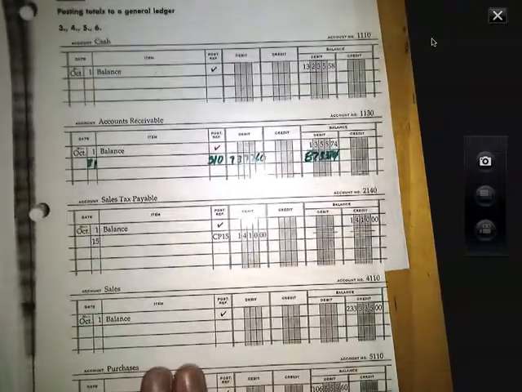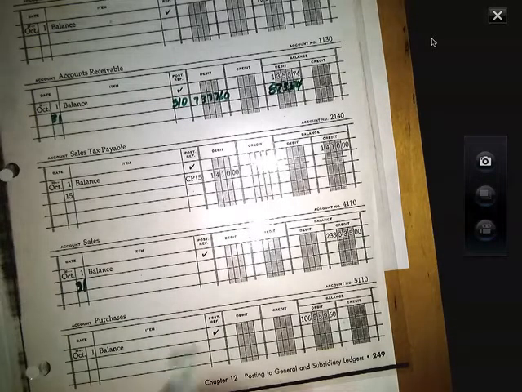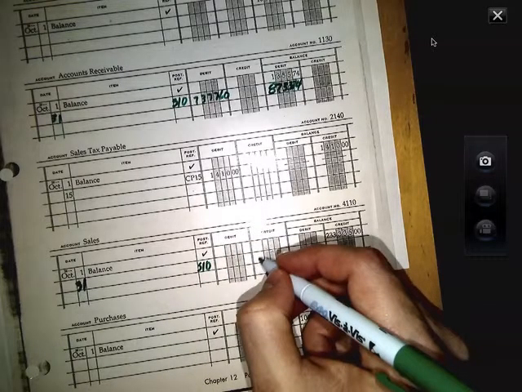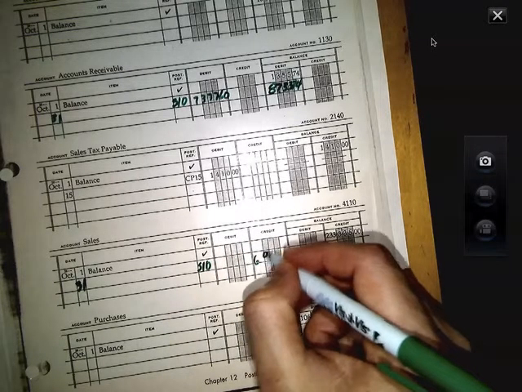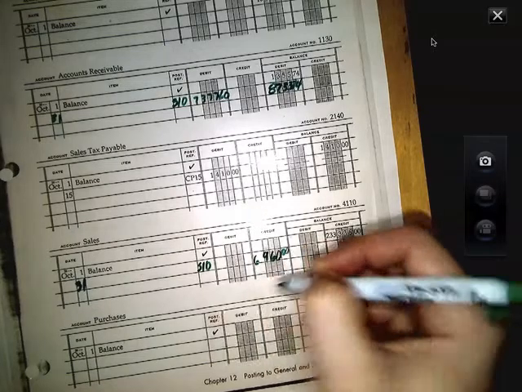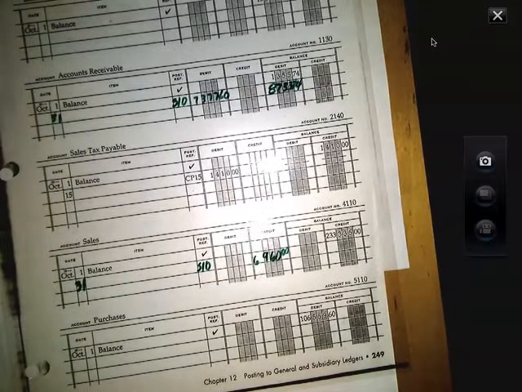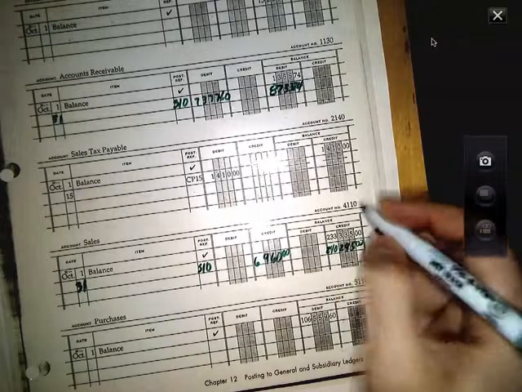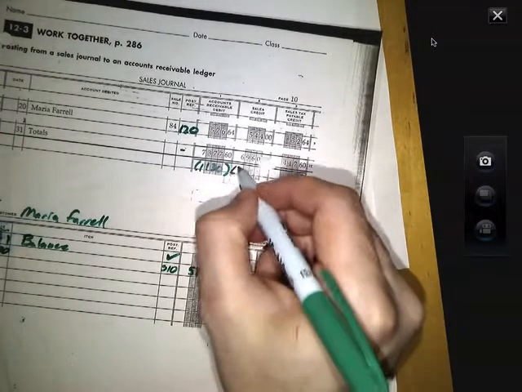So sales credit here on the 31st was for 69.60. S10, that's a credit for 69.60. And that is 240,295. 4110, we're going to go right here.